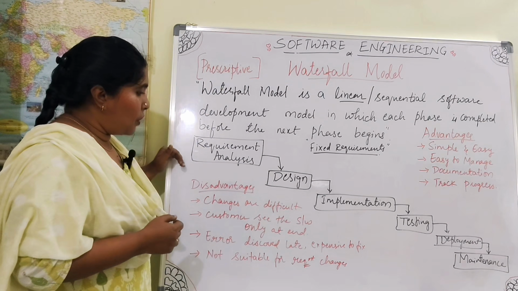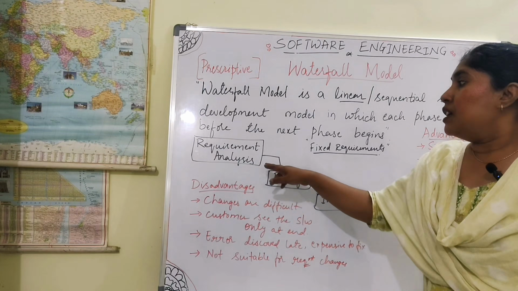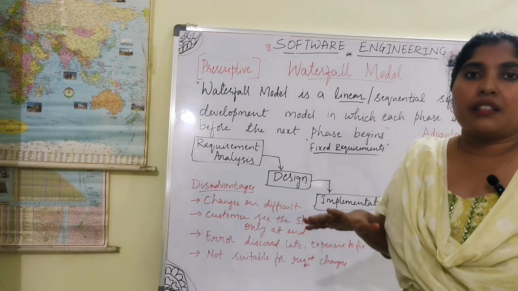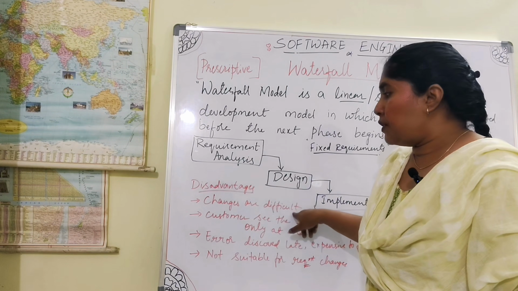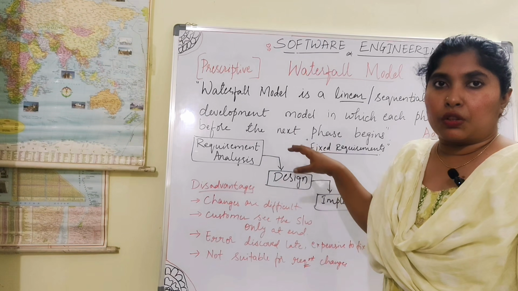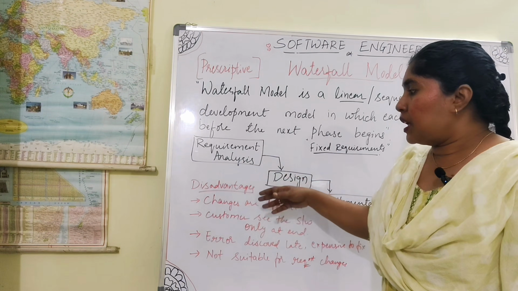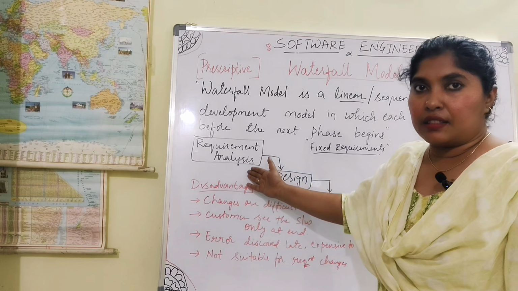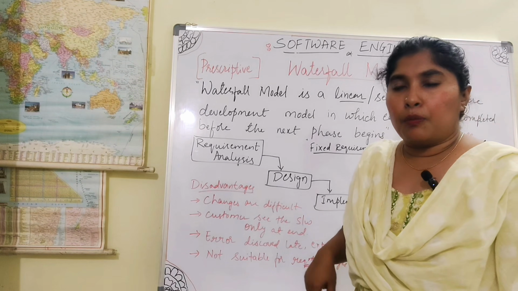When it comes to disadvantages, changes are difficult. As I said, the waterfall model works for projects where the requirements are already known. So incorporating changes into a waterfall model project will be difficult. I mean to say, if you are incorporating changes, you need to do the requirement analysis once again, redesign, re-implementation, retesting and redeployment.